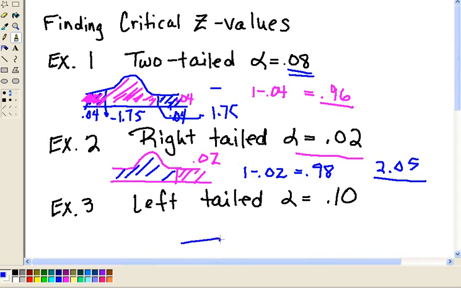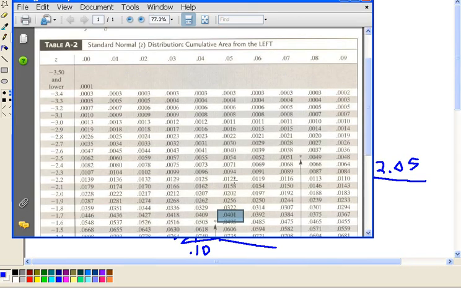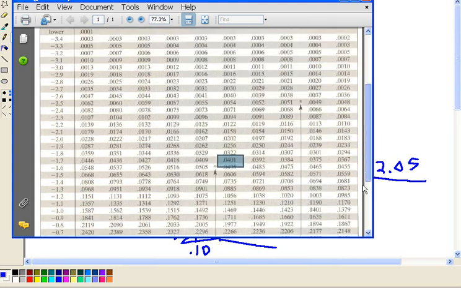The easiest scenario is when we have a left-tailed test. Alpha equals 0.10 means that I want this region here to be 0.10. I'm simply going to go to my table and look up 0.10. I'm not even close, so I have to scroll down.